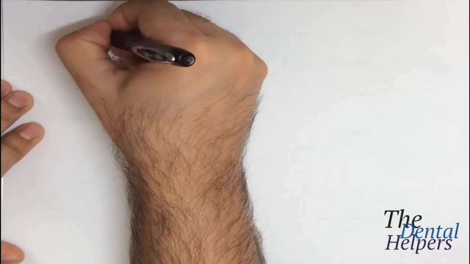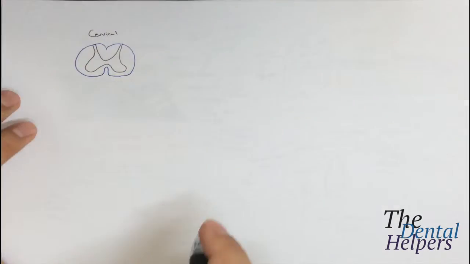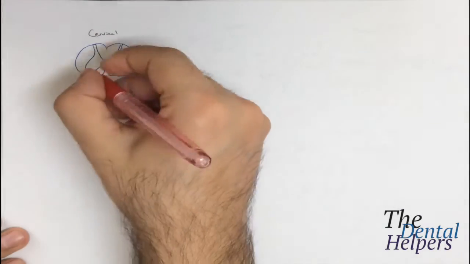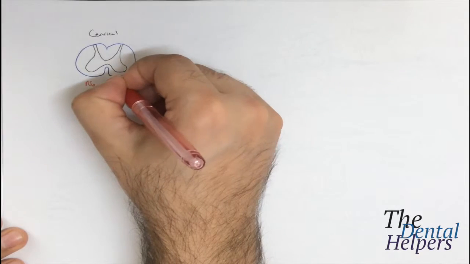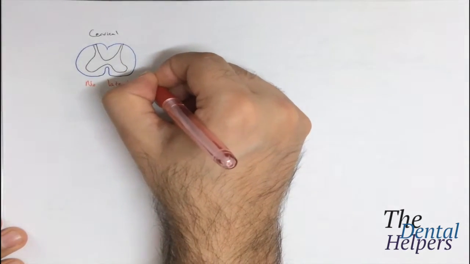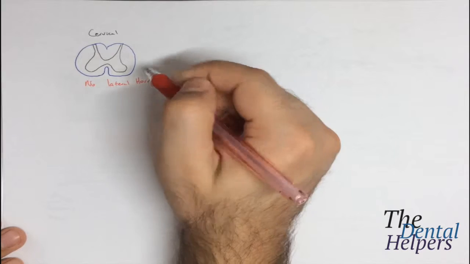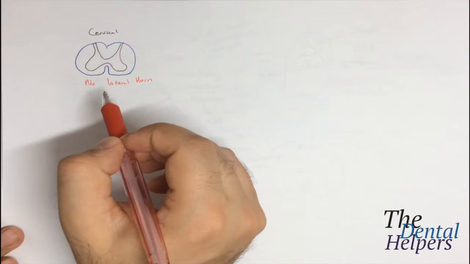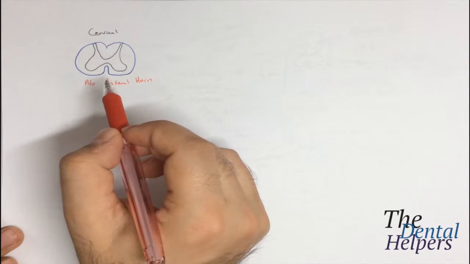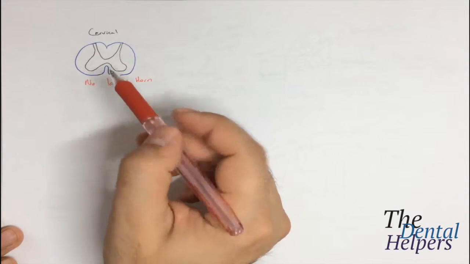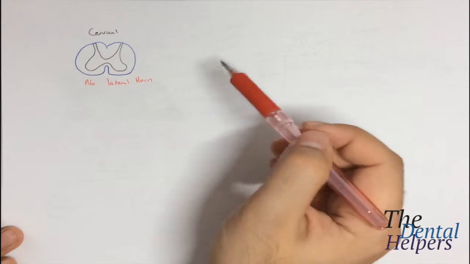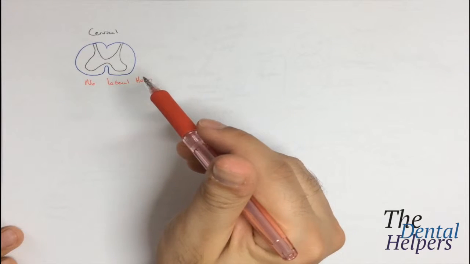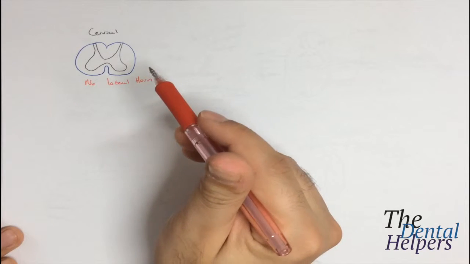So this is in the cervical. And so a key thing to note, it has no lateral horn. And it's also flattened dorsoventrally. And you see that there is a cervical enlargement, and it's due to nerves of the brachial plexus and upper extremities. So later in gross anatomy, we're going to learn about the brachial plexus and how it's going to lead into the cervical region. It also has a large column of white matter.